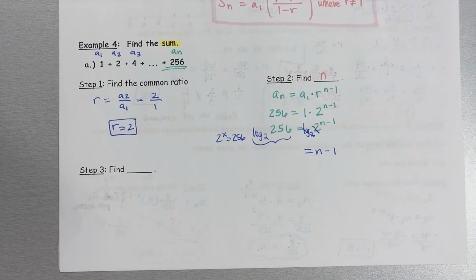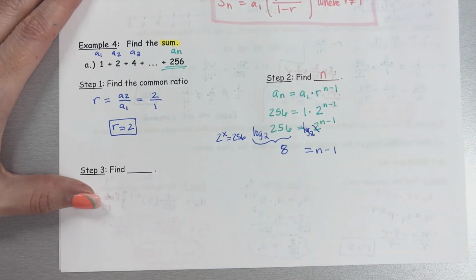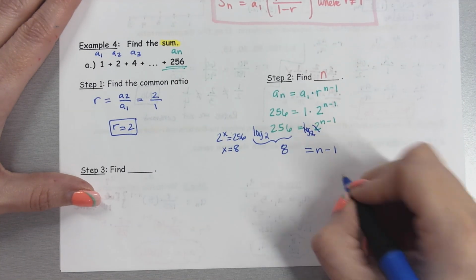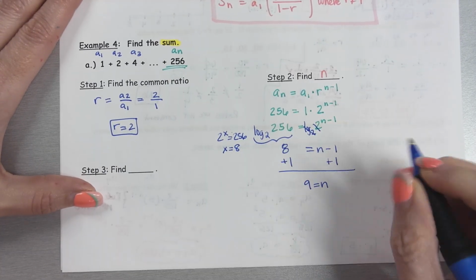So 2 to the 6th is 64, 2 to the 7th is 128, 2 to the 8th is 256. So it's going to be 8. Then when you add 1, you know that the value of n is 9. Okay, so there are 9 terms.